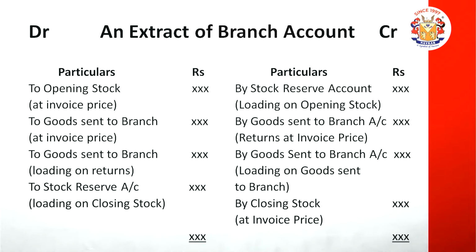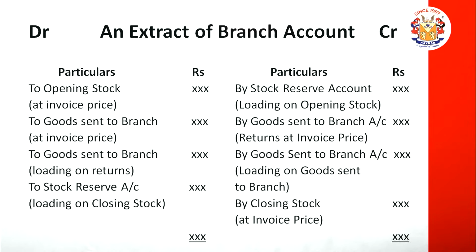Goods sent to branch will be debited to branch account at invoice price. Obviously, branch account debit to goods sent to branch, that will be the journal entry.